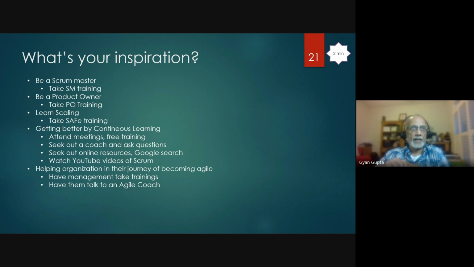We talked about scaling, which is managing multiple teams working on the same product. This is called the Scaled Agile Framework. That is another framework that's worth learning about. Just get better by attending meetings and getting the free training. There's a lot of free training going on. Find a coach, ask questions, call me.